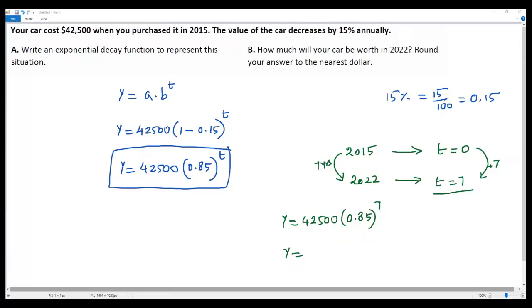I'm getting 13,625. So when t is equal to 7, the value of y is 13,625. t equals 7 represents the year 2022, and y refers to the cost of the car. So in the year 2022, the cost of the car is $13,625.